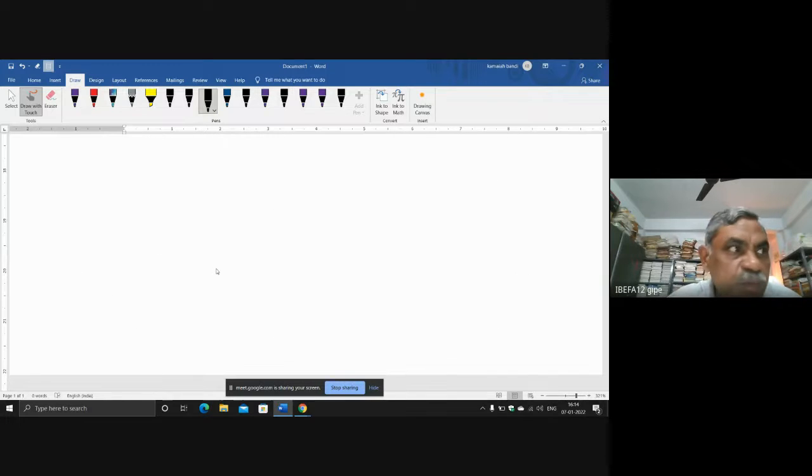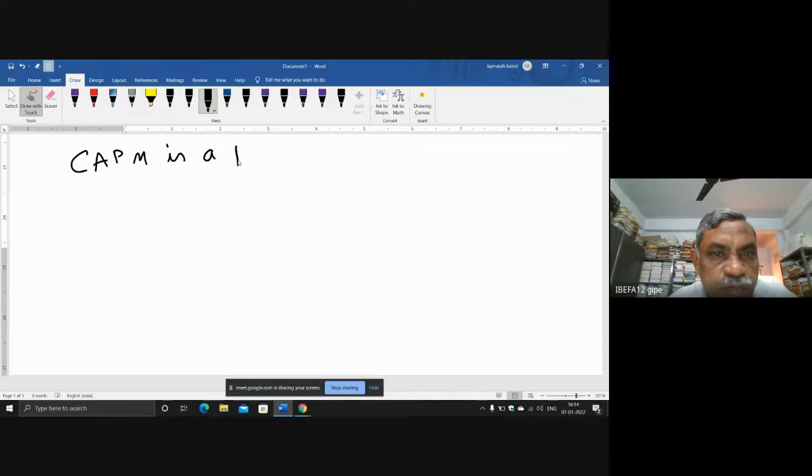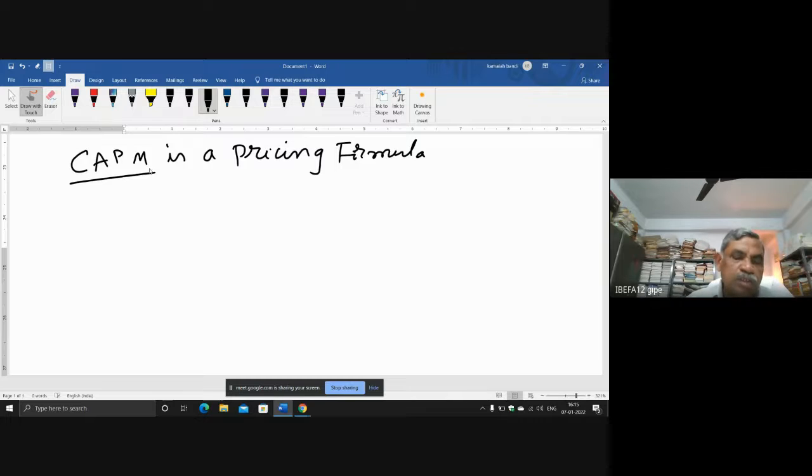Now the main focus is why CAPM is a pricing formula. Because the whole logic underlying CAPM is that it determines the price of a capital asset. How? Let us see.